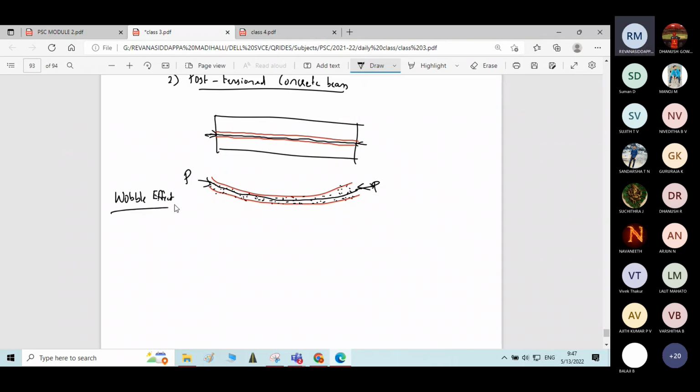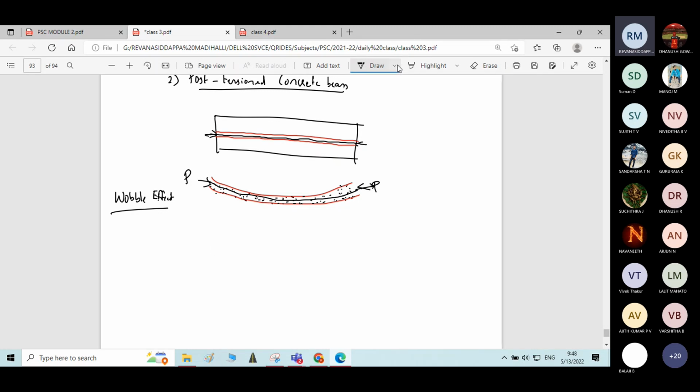Oval effect. Theoretically, we can define any kind of profile for this tendon. In the load balancing concept, we provide the cable profile by referring to the bending moment diagram.